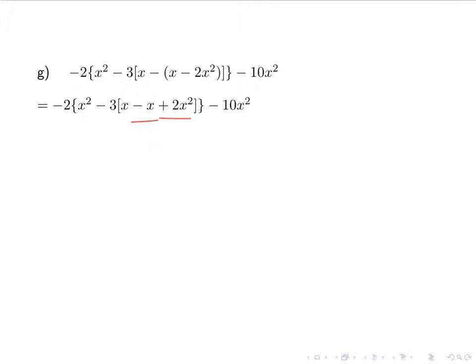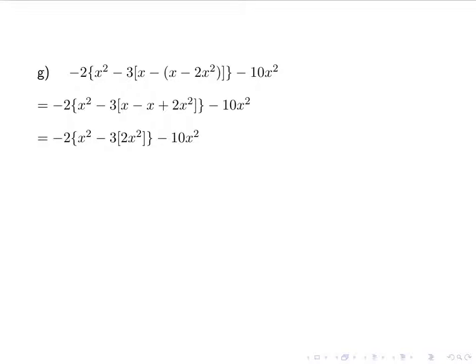Now at this point, you do not want to start distributing the 3. We don't want to do that because we want to see, can we simplify what's inside the parentheses? Don't forget order of operations, right? Can I go and further simplify what's in there? And I can. I have x minus x. So the brackets just becomes 2x squared.